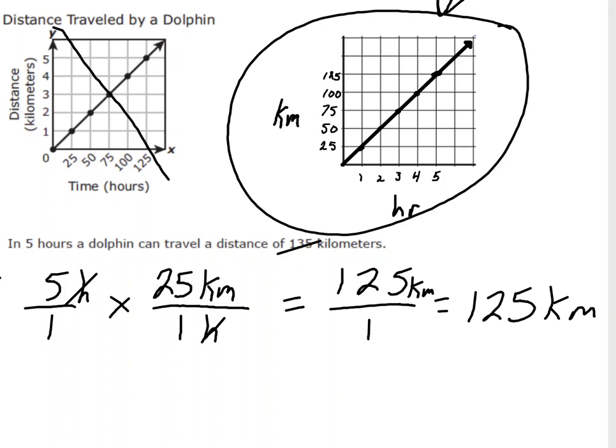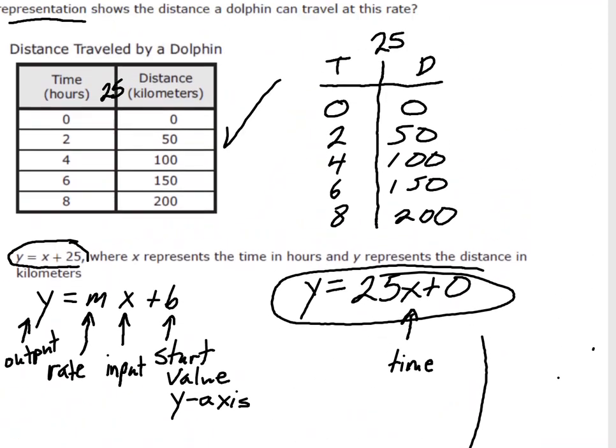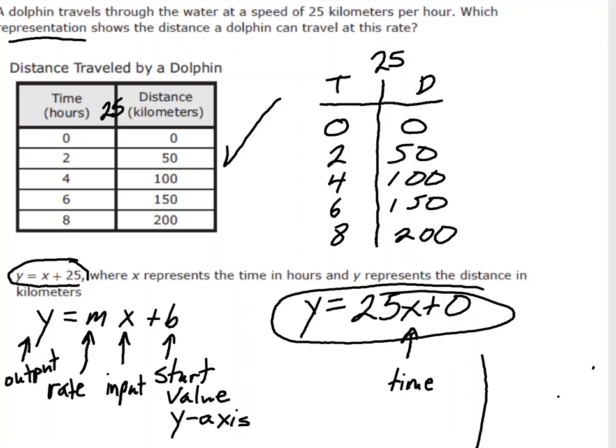It would equal 125. So out of these choices of what we were given, I would go with the table. I would go with this table right here.